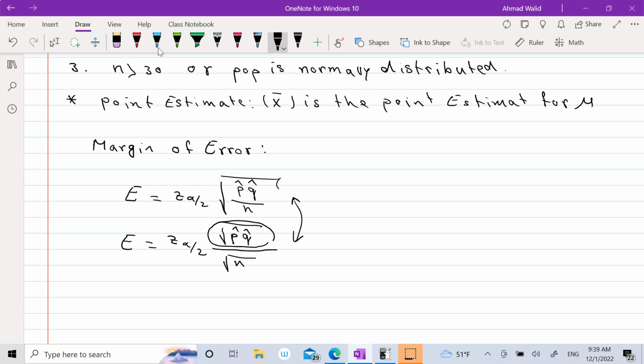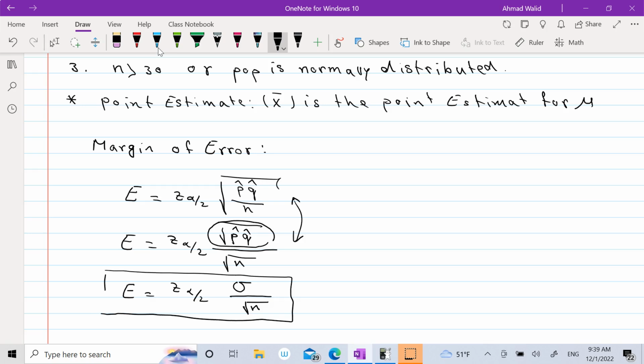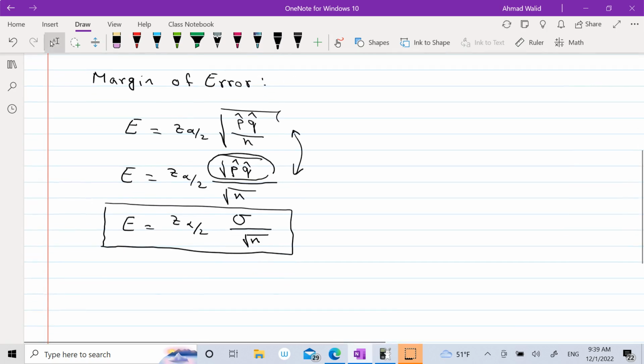Square root of p hat q hat is actually giving me the standard deviation, correct? Then I can write E equals Z alpha over 2 sigma over square root of n. That will be your formula to calculate the margin of error when you are trying to estimate the population mean.